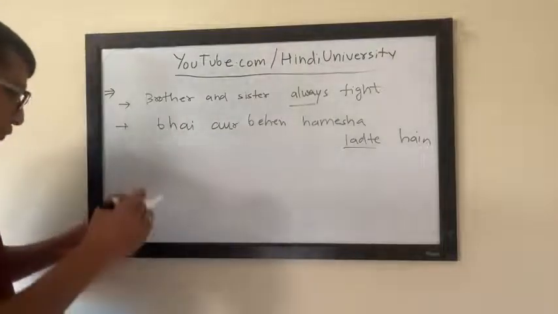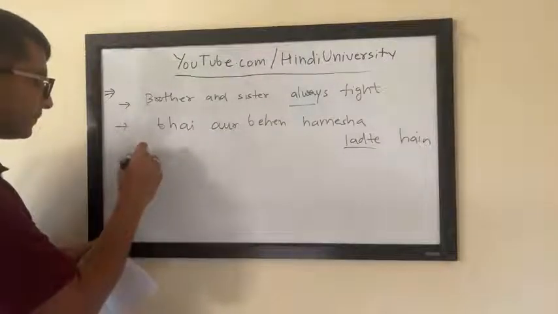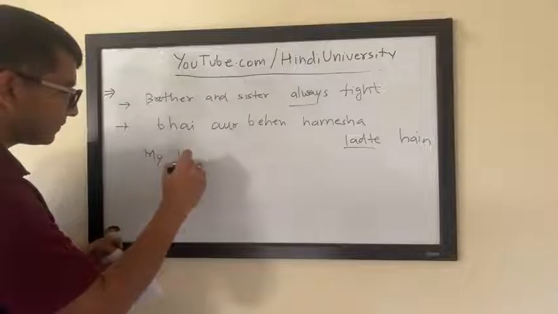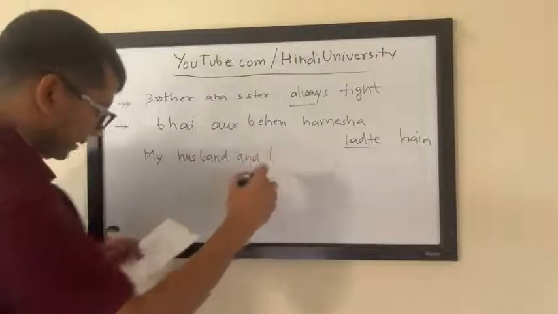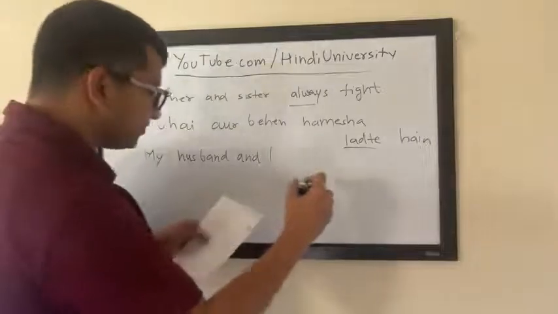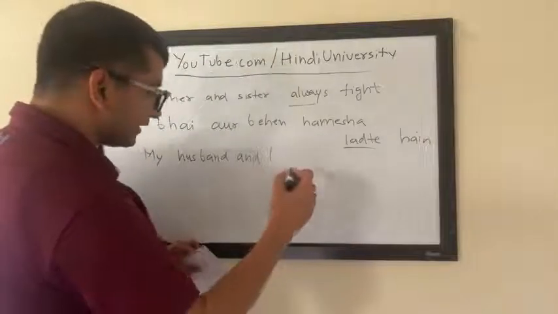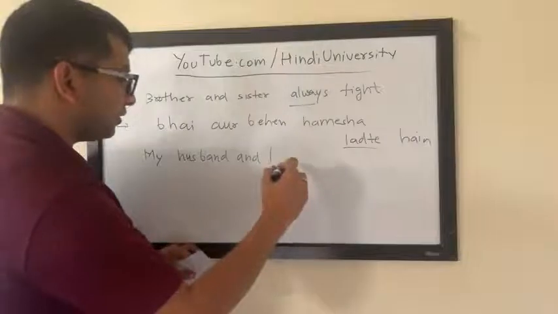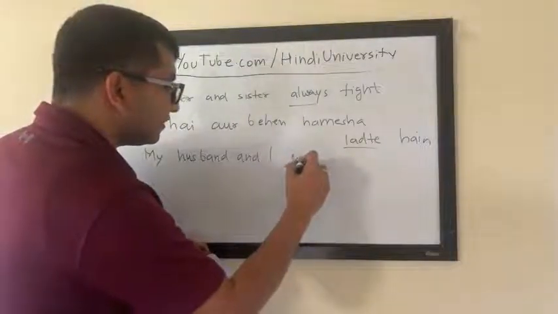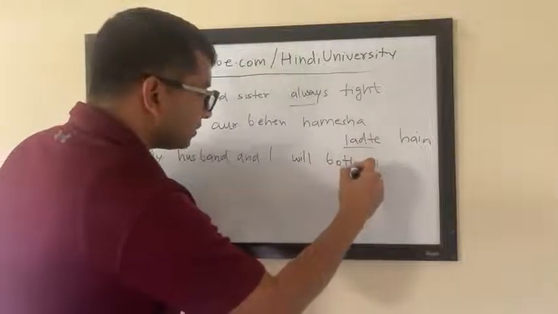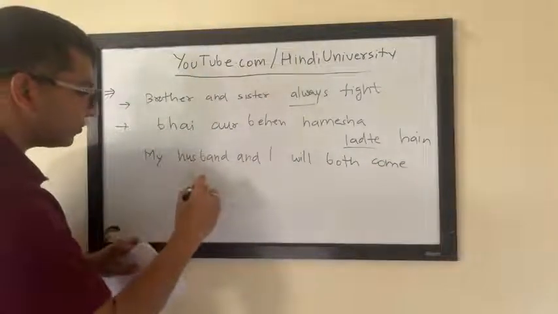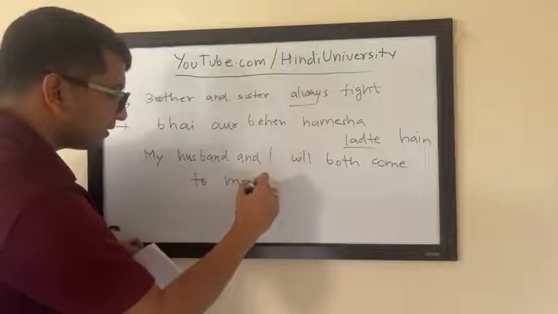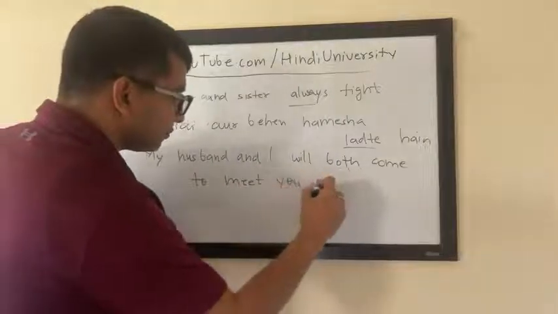My husband and I will both come to meet you tomorrow. And all of you should write it down as well, as Radhika ji is working on it. It's a long sentence, okay?